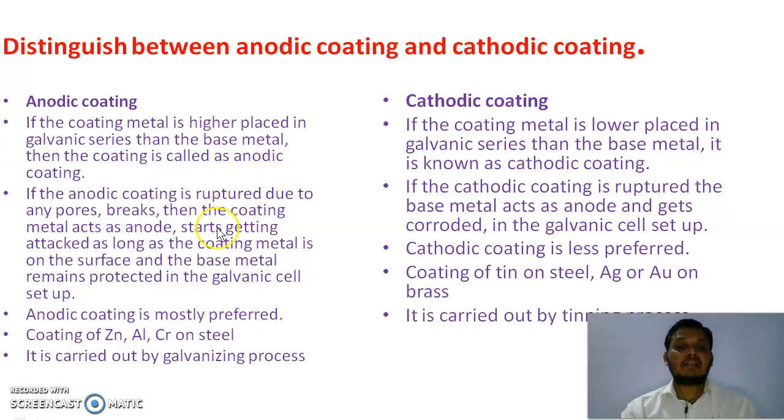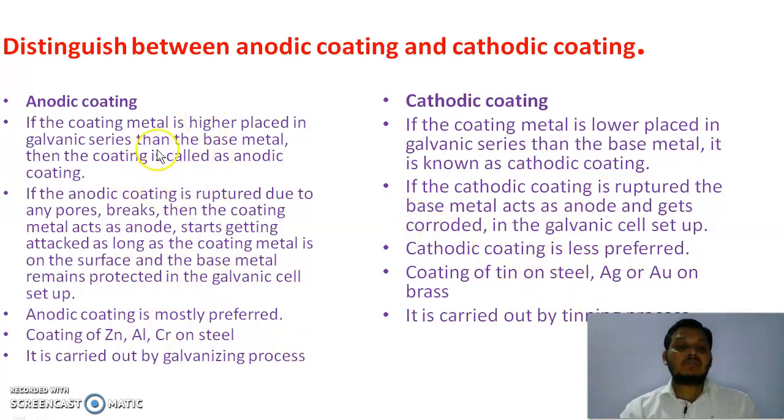This is the more preferred coating, and this is the less preferred coating. Here there is a formation of the anodic area, meaning your base metal gets protected; there, your base metal gets corroded. This is the galvanizing process, and this is the tinning process.